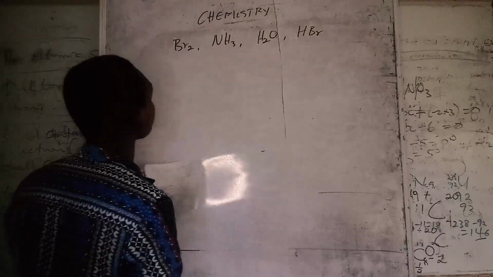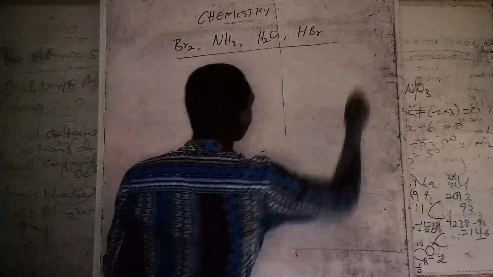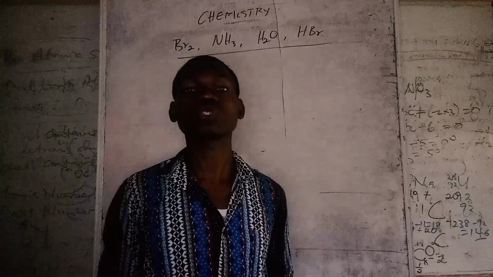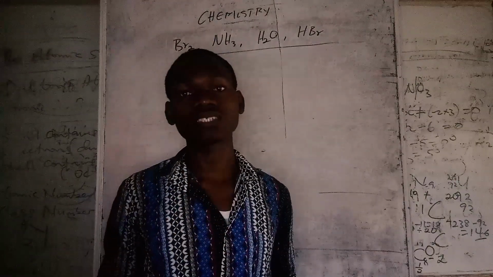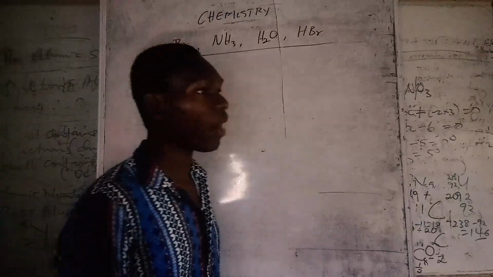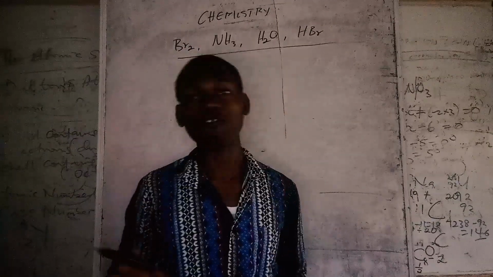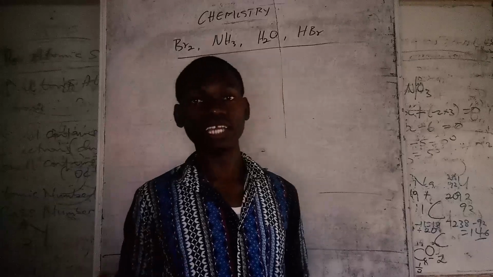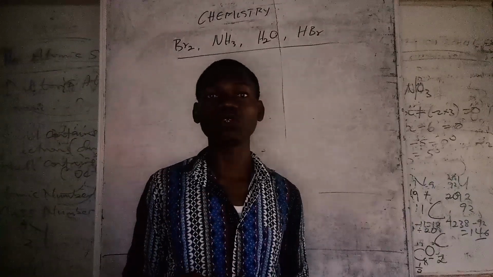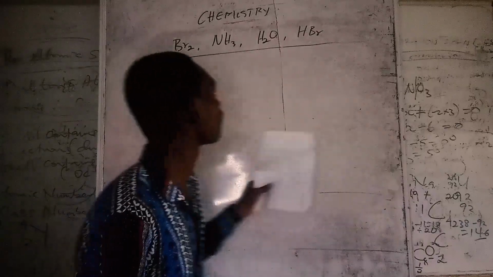Like I said, when a compound has just one type of pole throughout, it is non-polar, while the ones that have two types of poles, the positive pole and the negative pole, together in one substance, are said to be polar.